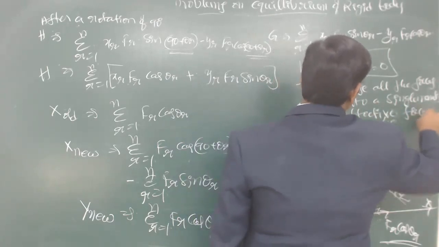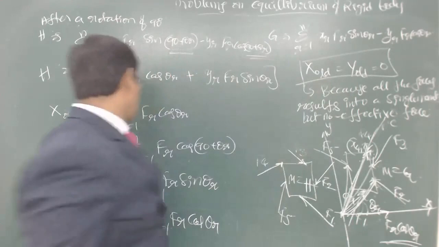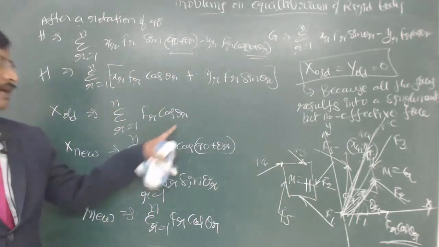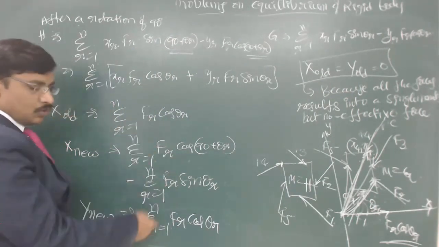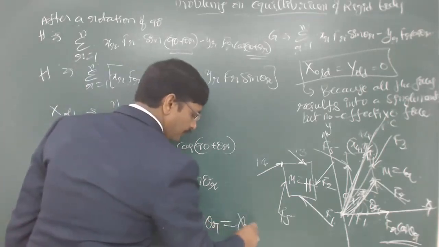So because of this reason, x old is nothing but sigma fr cos theta r, and y new is minus x old, which is equal to 0.